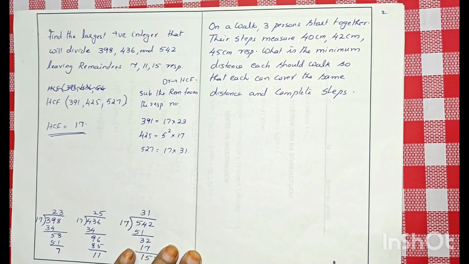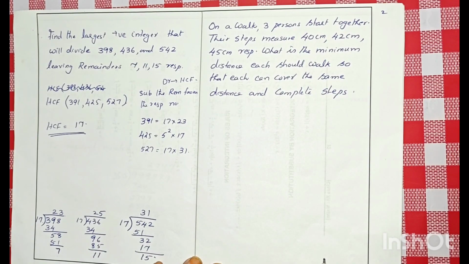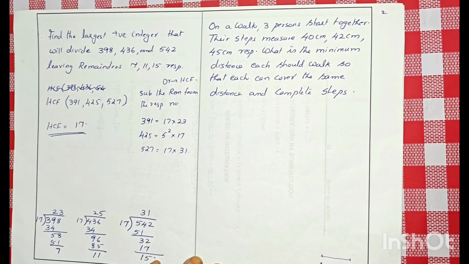At some point, A, the first person, is walking to some distance. Suppose this is the distance, where A would have completely covered those 40, 40, 40 steps. They would have covered this distance completely.